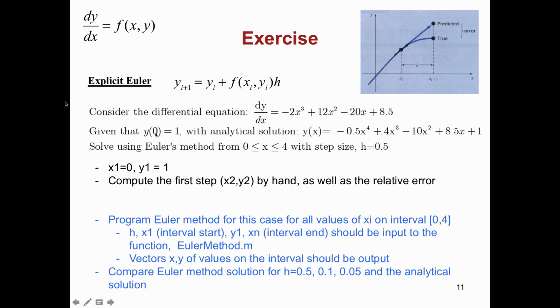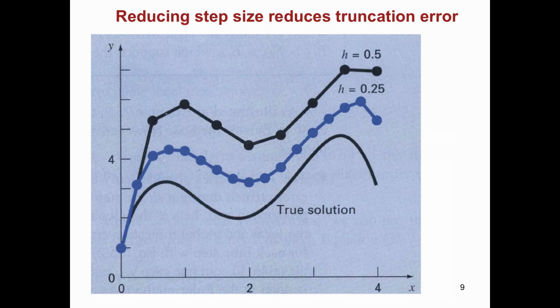Are we trying to solve for y of x? We're solving for x, like the part of x to y2, right? Yes. So you're given this point, okay? Y of 0 is 1. And then you're trying to find the rest of the function.